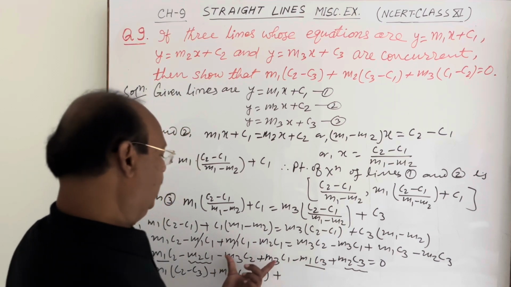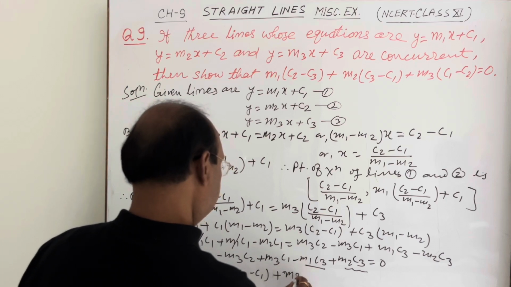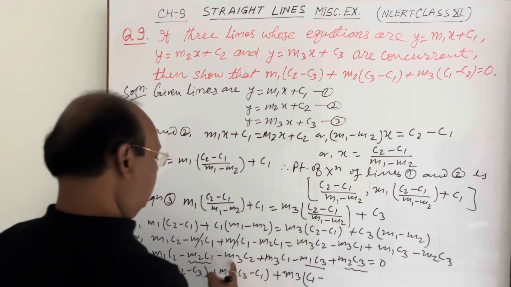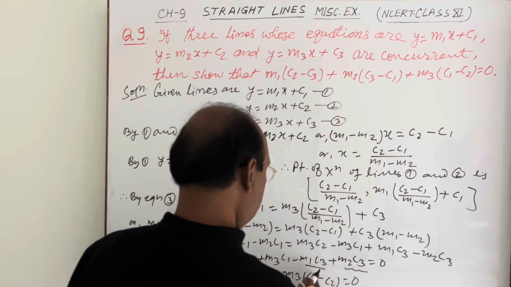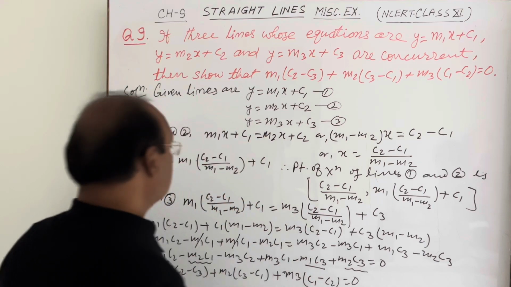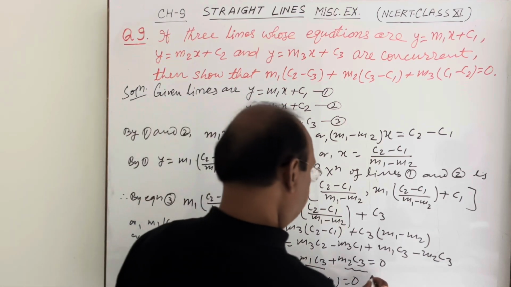From these two terms we can take m3 common: from here we are getting c1 and from here we are getting c2. This is equal to 0. So we are getting this result here. It has been proved.